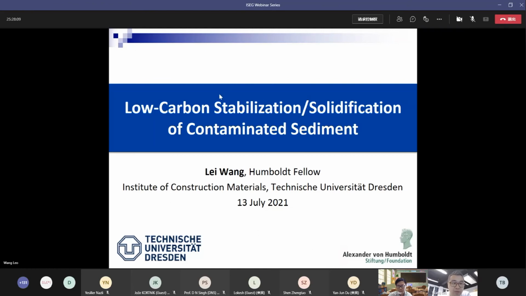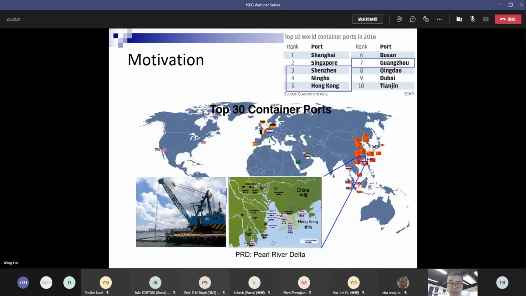Today, I will introduce the low carbon stabilization and solidification of contaminated sediment. With the development of the Chinese economy, nowadays China has many world-class container ports such as Shanghai, Shenzhen, Ningbo, and Hong Kong. Today I will select the case in Hong Kong because I studied my PhD in Hong Kong and have some experience with sediment treatment.